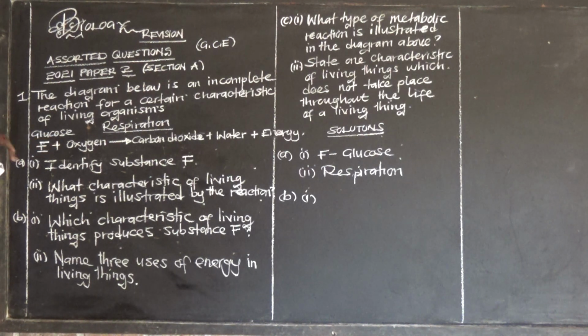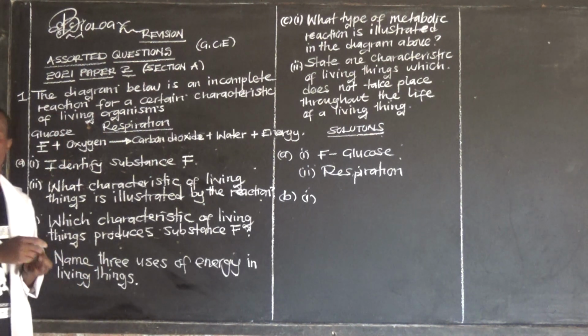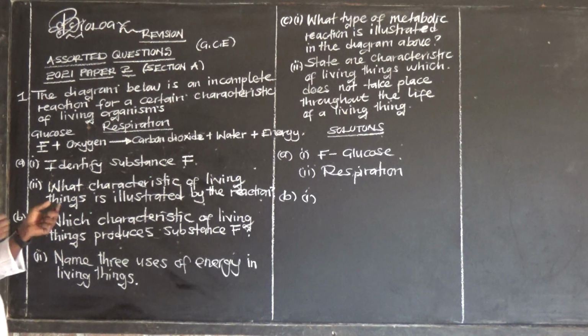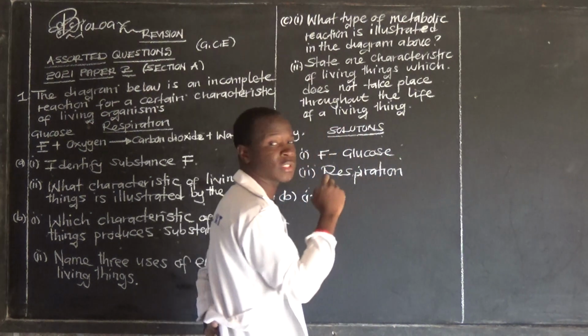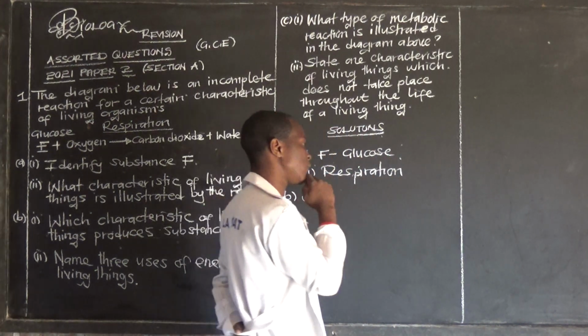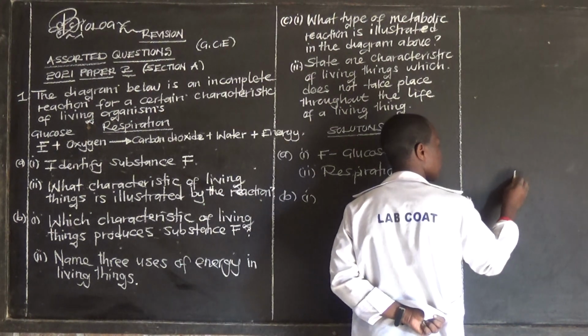So a chemical reaction or process which produces glucose in living organisms is what we call synthesis. Synthesis reactions produce glucose. For example, photosynthesis. I'll give an example. We know the word equation. Let's say I'll just pick the chemical equation for photosynthesis.